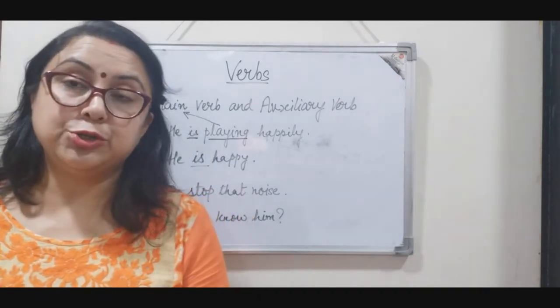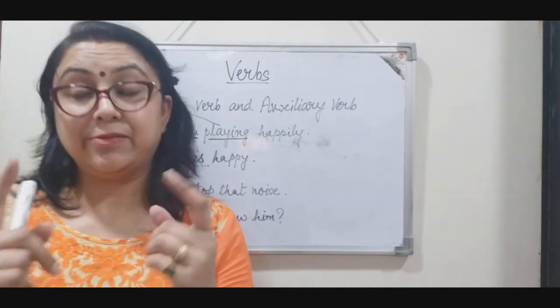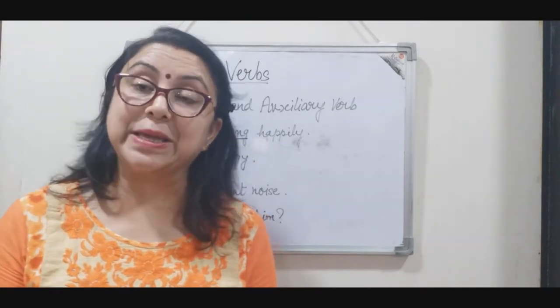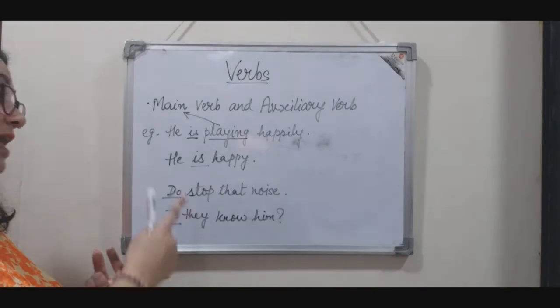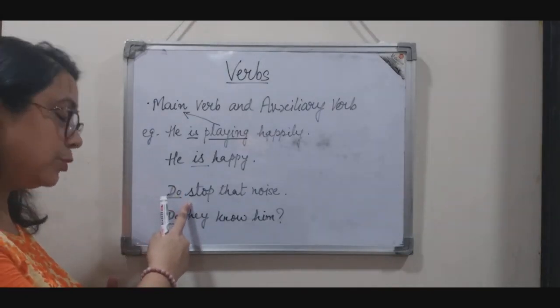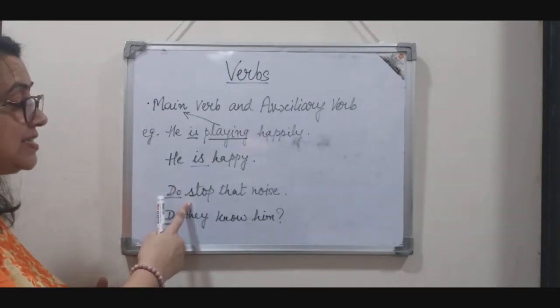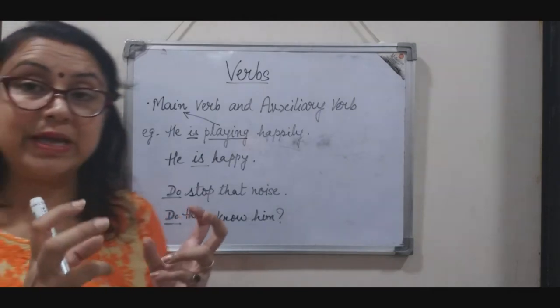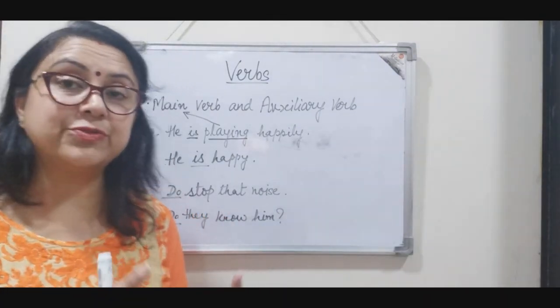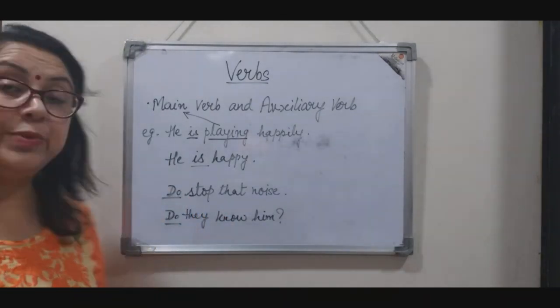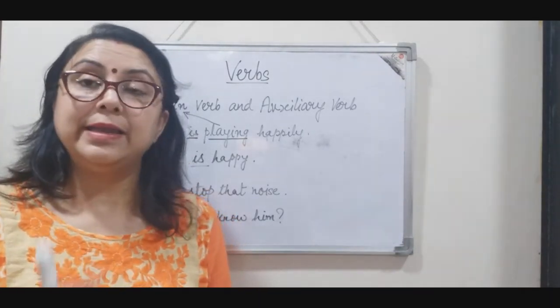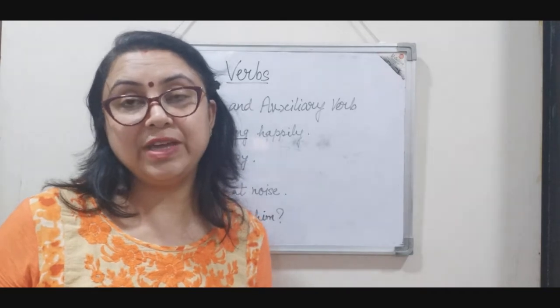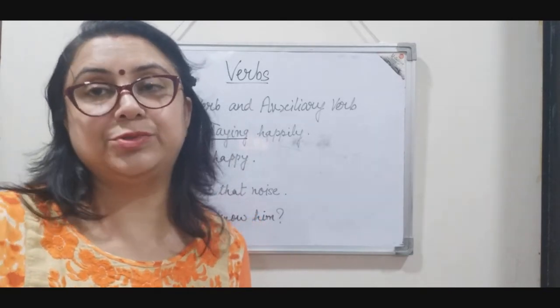So I hope the difference between main verb and auxiliary verb is clear to all of you. The main verb shows the action, whereas an auxiliary verb can act as a main verb. It can be used to put more stress on the sentence or make the sentence more forceful, and it can also be used in question form, right? Now let us proceed to weak and strong verbs.